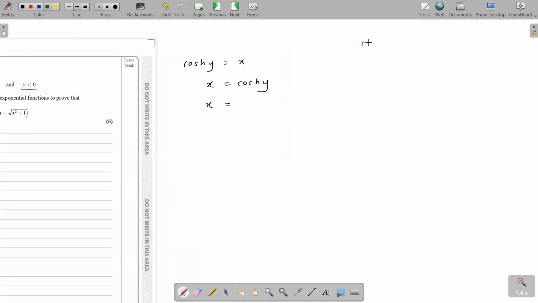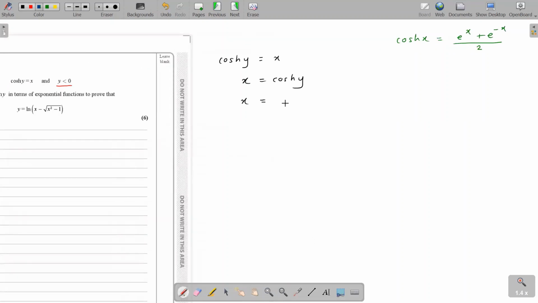The definition you learned for cos x is e to the power x plus e to the power minus x, whole thing divided by 2. So cos y is e to the power y plus e to the power minus y divided by 2. Are you with me? Okay, and now your task is to make y the subject, right? You have to find y. Okay, how do we find y?